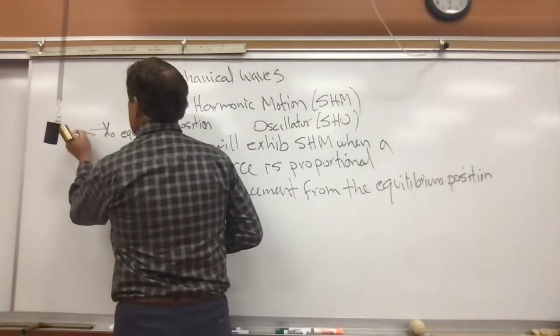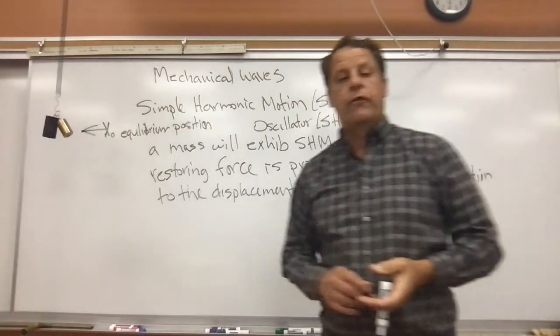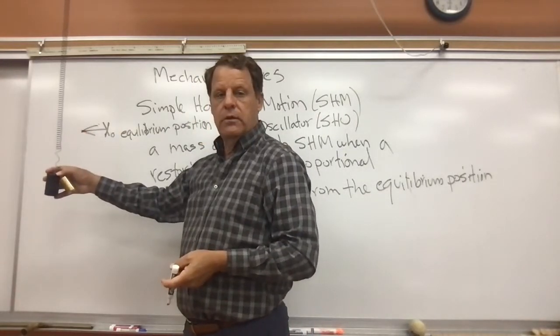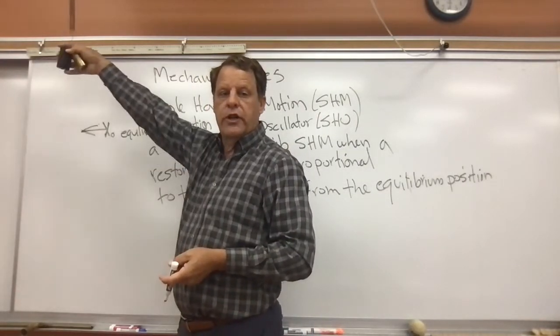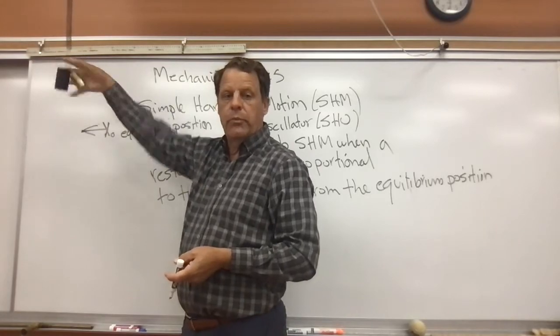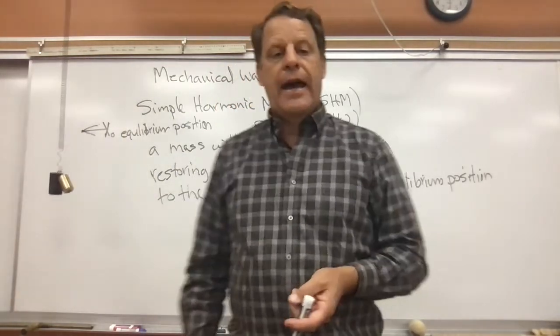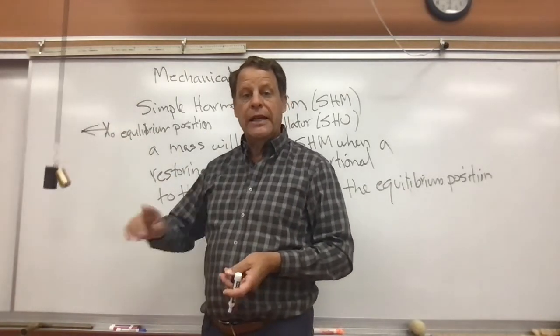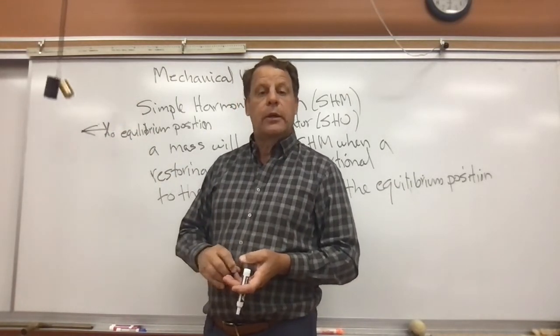From there, we can stretch it down or push it up, and if we push it up and let it go, it's going to oscillate back and forth on either side of the equilibrium position.